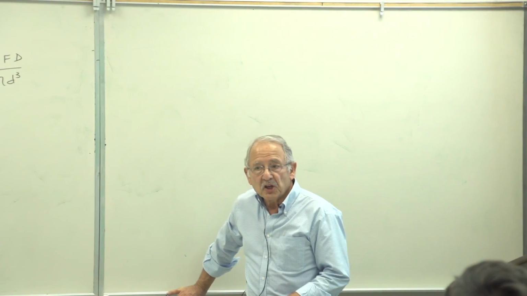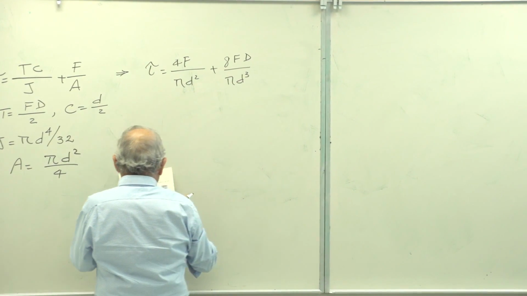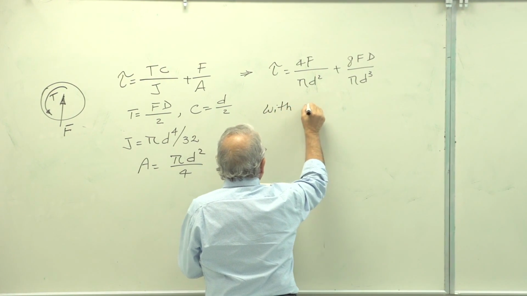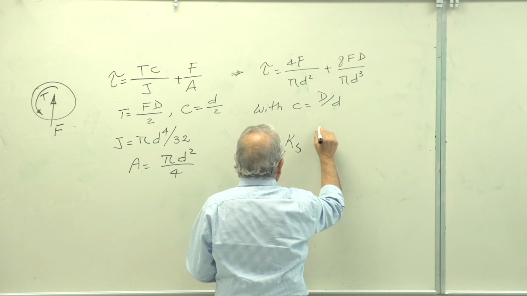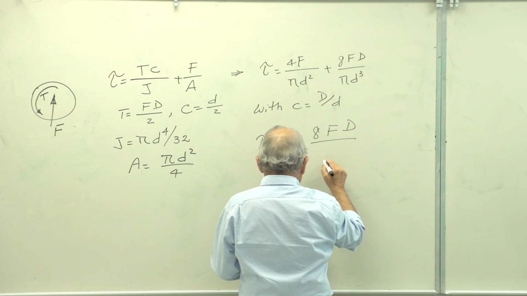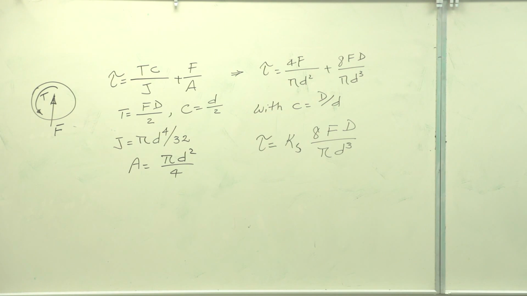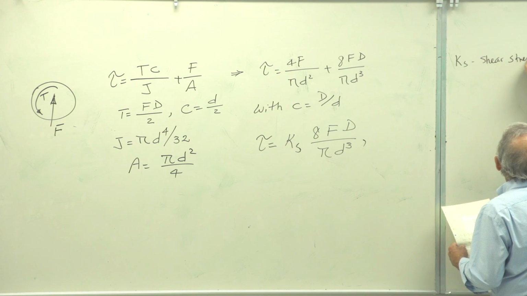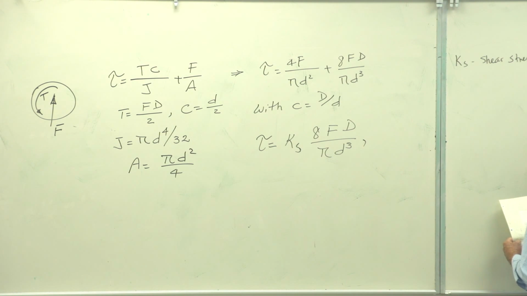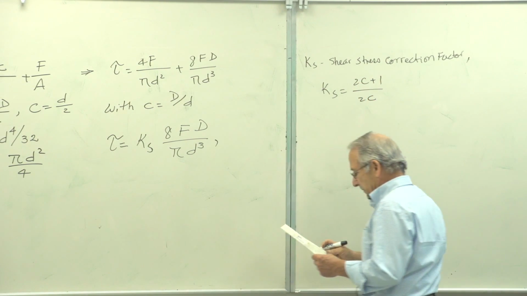If we now make use of the spring index and substitute in terms of the spring index, with C equals D over d, we get tau equals Ks times 8FD divided by pi d cubed, where Ks, called the shear stress correction factor, is equal to C plus 1 divided by 2C.